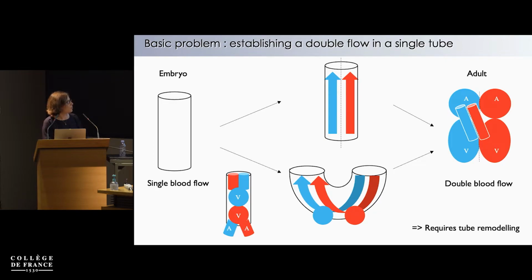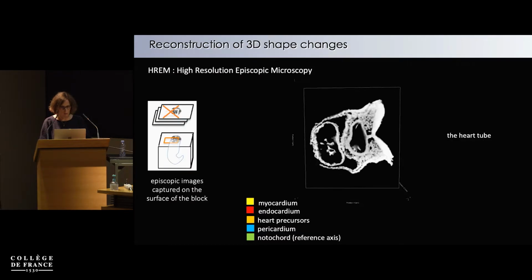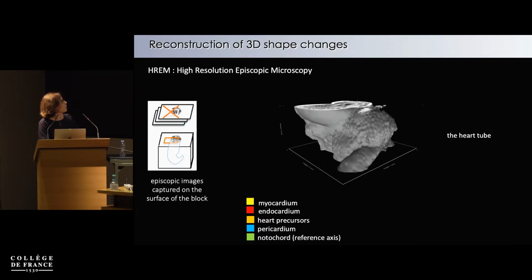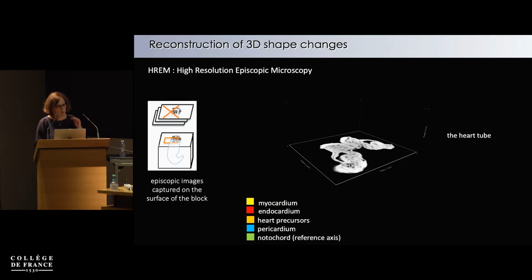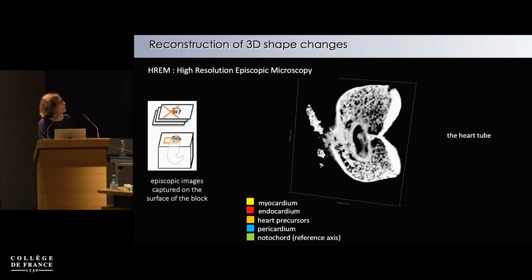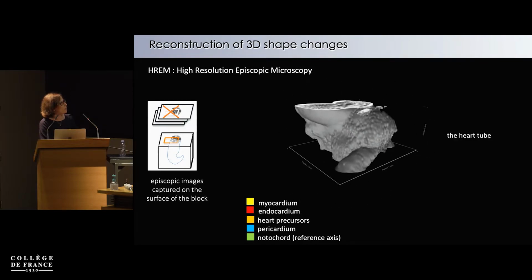So to address this question and follow the mechanism of heart tube remodeling, we have to reconstruct this shape in 3D, and one technique that we use is high-resolution episcopic microscopy, in which the tissue is being sectioned, but instead of imaging the section, we image the surface of the block so that we have a perfect alignment of the different tissue sections to reconstruct the 3D shape.